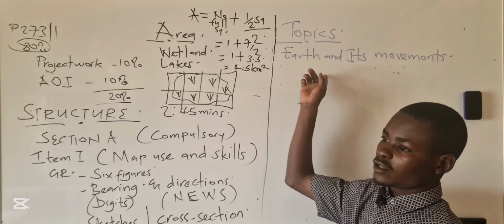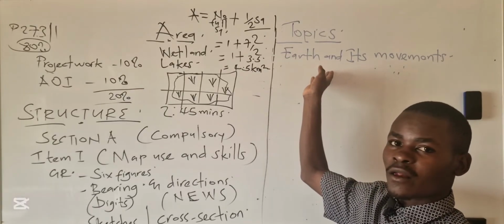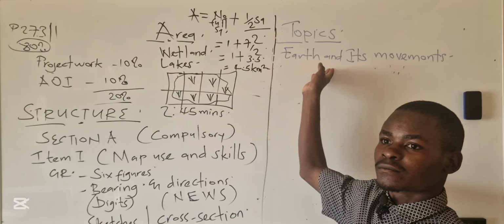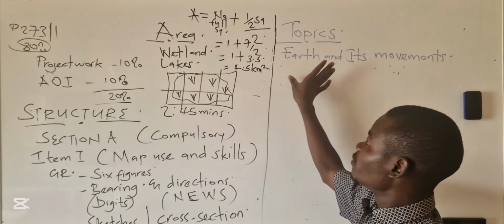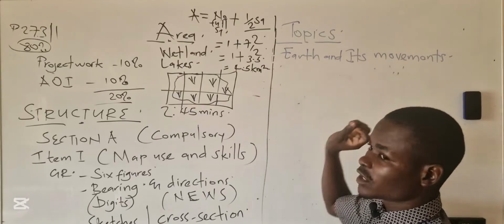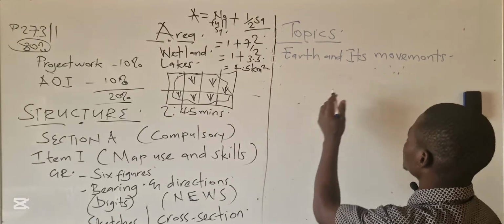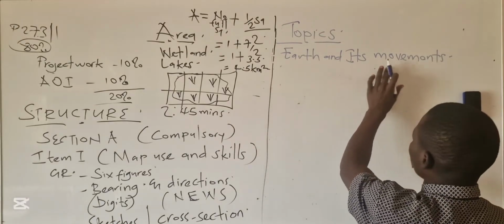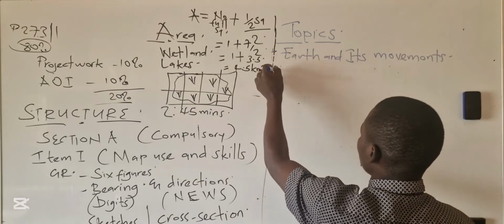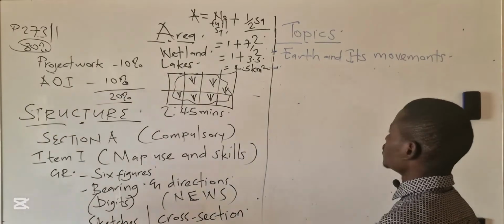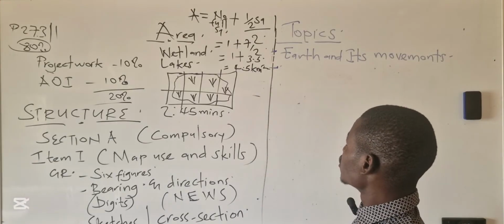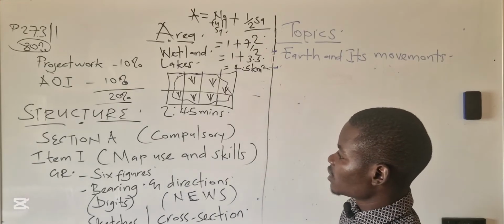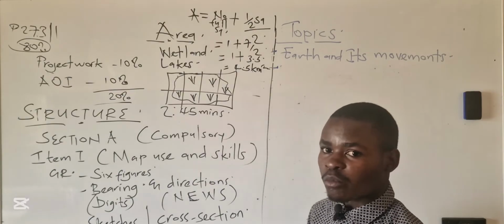Of course, for those who are just joining senior 1, you find such a topic in your work. This topic is a bit technical and it requires your attention so that you can understand it very well. So that is one of the topics where we find items about map work.